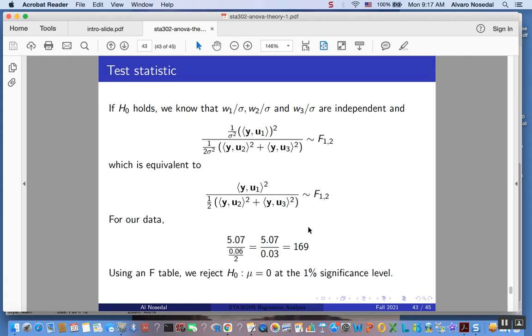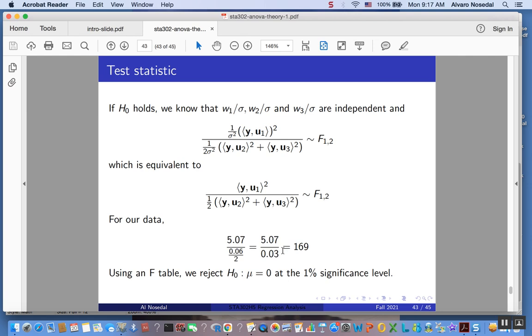Okay, so if this quantity is far from 1, what you have is evidence against the null hypothesis, and the null hypothesis is that beta 0 or mu is 0. Okay?